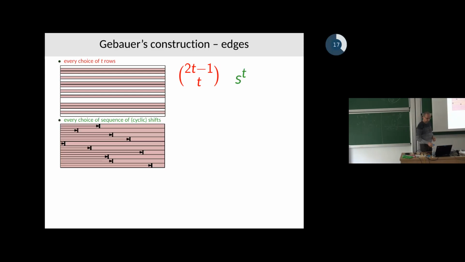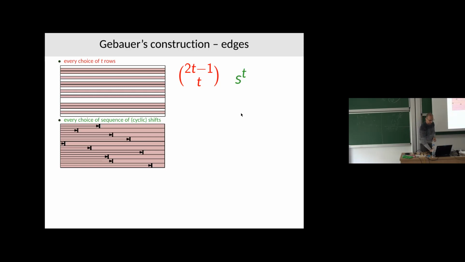In the second phase, we apply some cyclic shifts to rows. Every chosen row is cyclically shifted by some number, and we can choose any sequence of shifts.